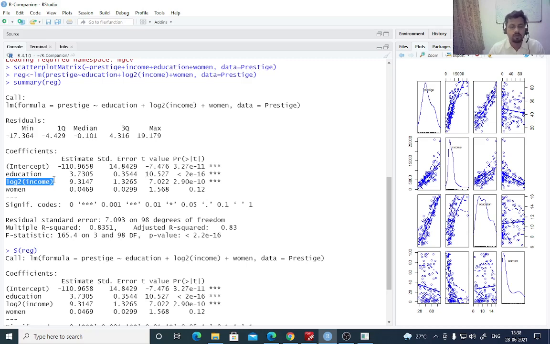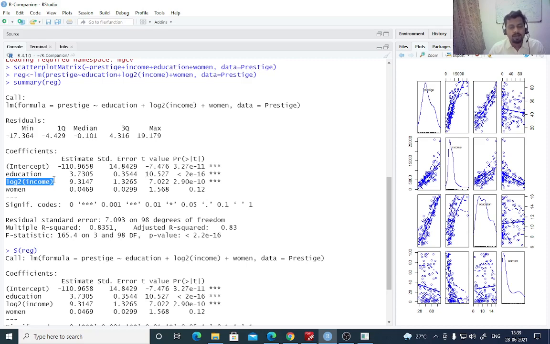So you can interpret this example as: when you increase log income with base 2 by 1, it automatically means that income is doubled. So doubling the income of the respondents leads to an increase in the average or conditional mean of prestige by 9.3147 prestige units. This is how we explain this here.